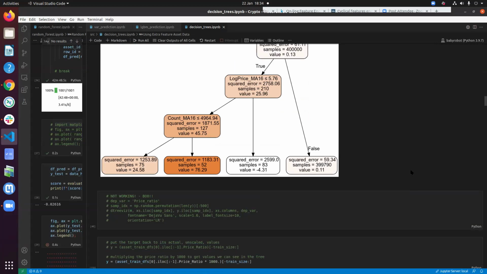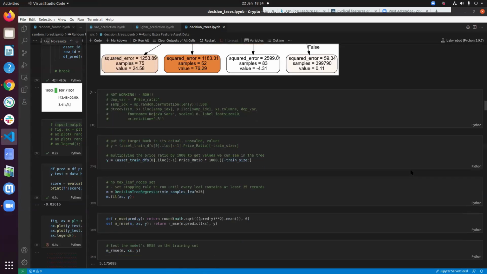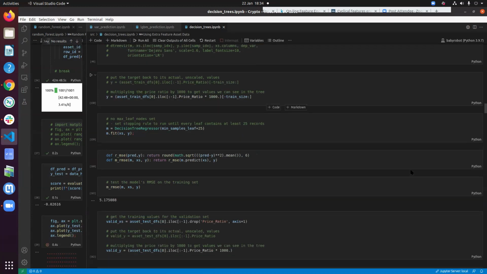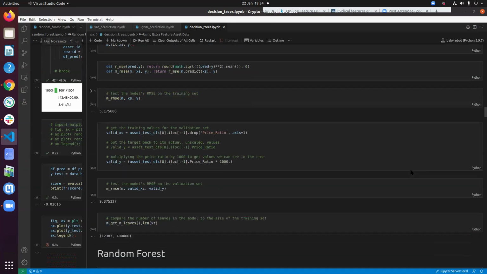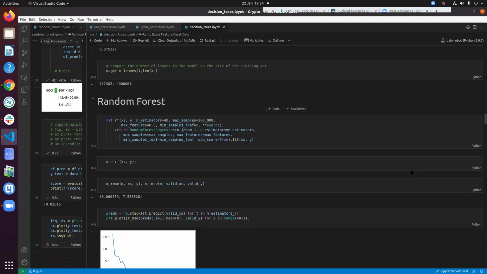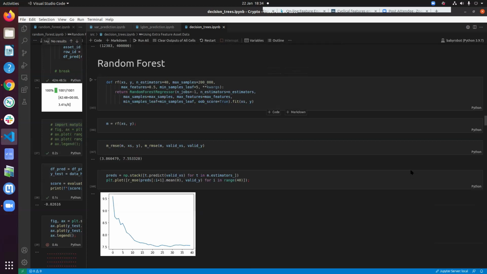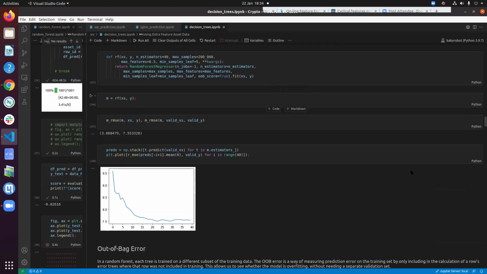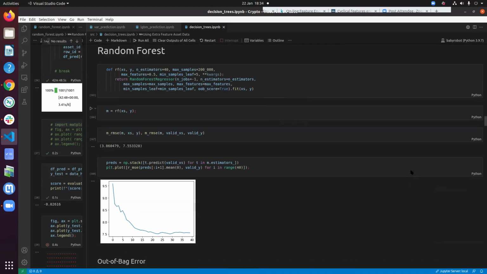You can decide, or you can provide the... forest is then a combination of such trees, and even for the tree you can tell it to use all the parameters, or a random subset of parameters, or parameters which help you achieve the best MSE.